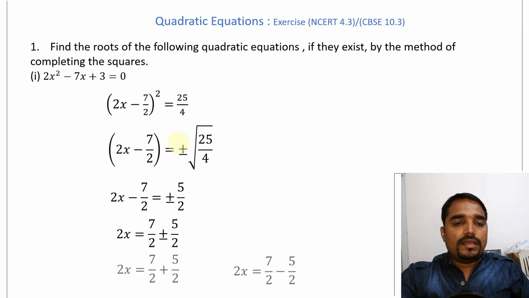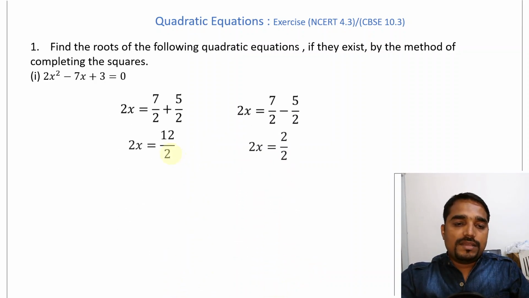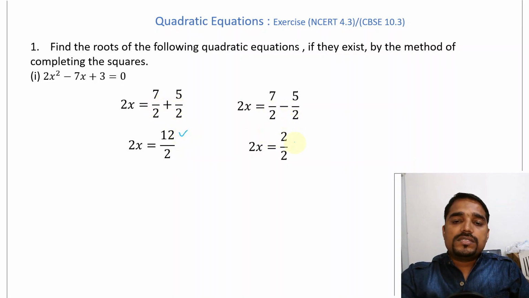Since it is a quadratic, x can have two different values. Therefore 2x is equal to 7 by 2 plus 5 by 2, and 2x is equal to 7 by 2 minus 5 by 2. Let's take 2 as LCM in both the equations. Upon taking LCM as 2, 7 plus 5 is 12 and 7 minus 5 is 2. On simplification, 12 by 2 is 6 and 2 by 2 is 1.